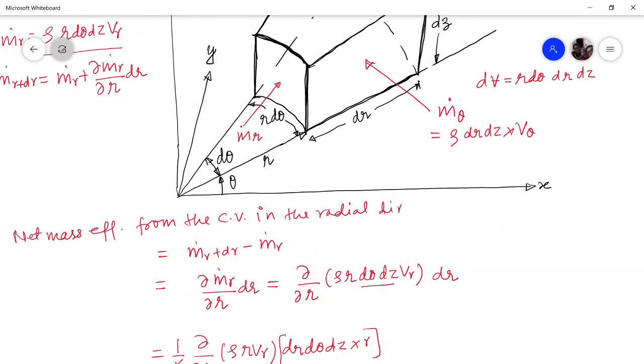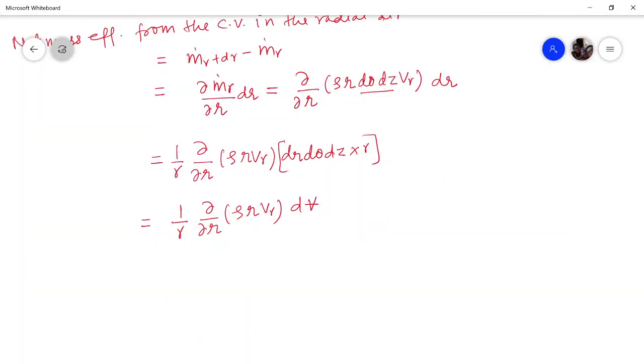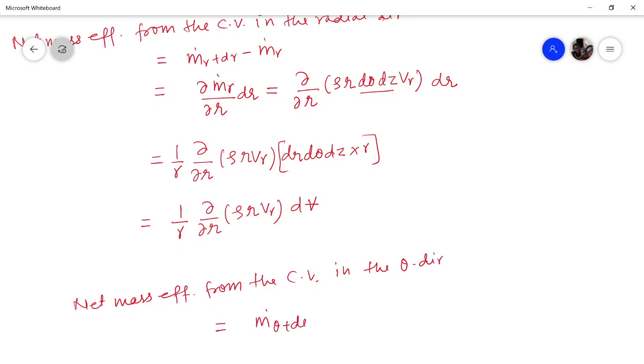Okay, so directly I will be writing the net mass efflux from the control volume in the theta direction. So what will be this? This will be m dot theta plus d theta minus m dot theta.